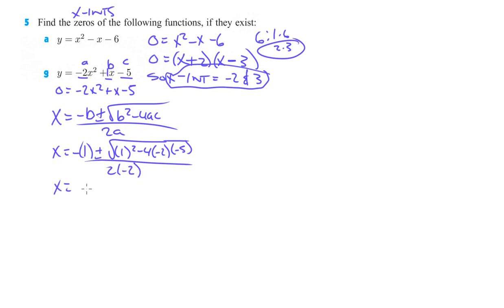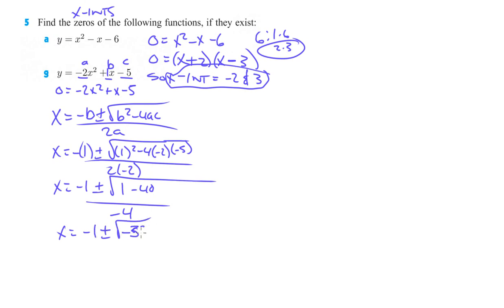So we get x equals negative 1 plus or minus the square root of 1, and then negative 4 times negative 2 times negative 5 is basically positive 8 times negative 5, which is minus 40, all over negative 4. So we get x equals negative 1 plus or minus the square root of negative 39, over negative 4.